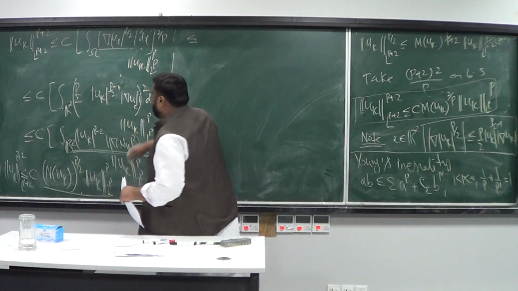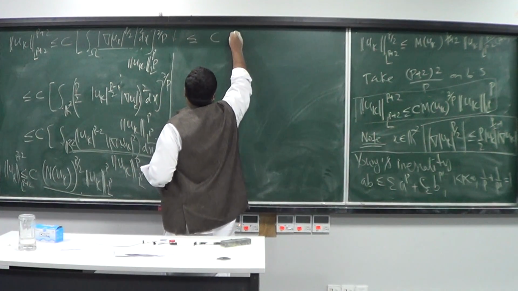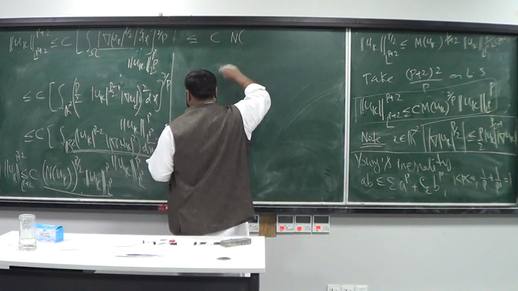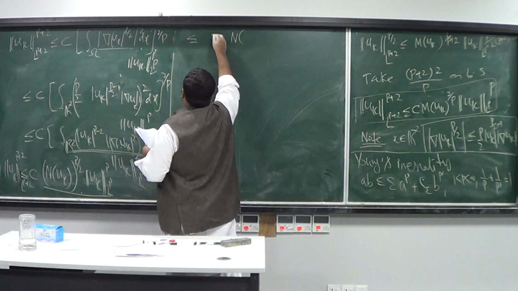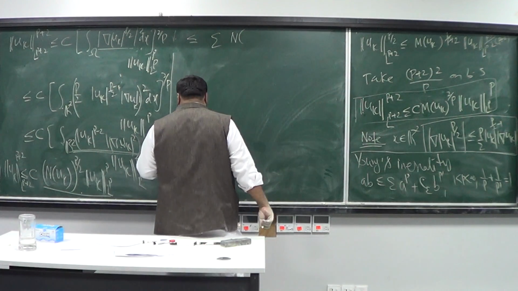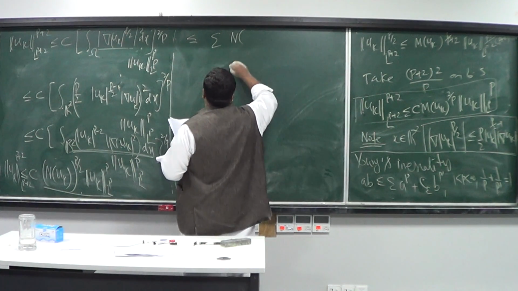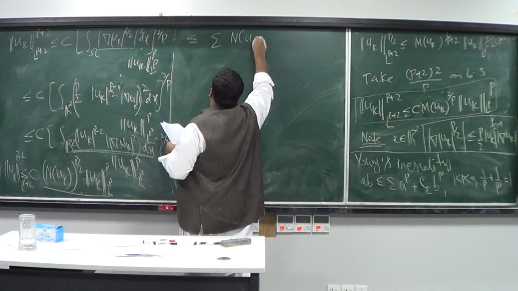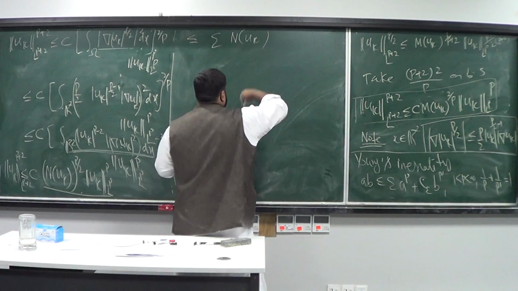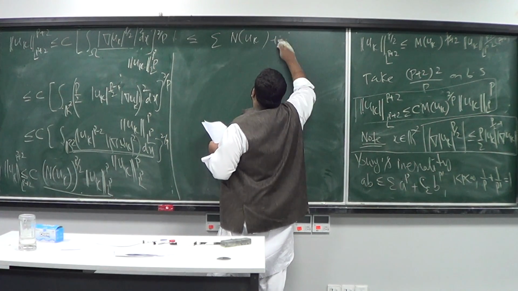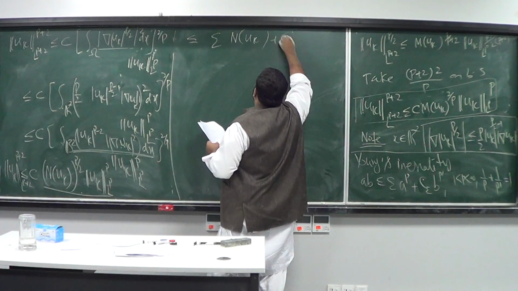So I want to estimate this in such a way that this becomes epsilon times N of u_k plus C_epsilon times something.